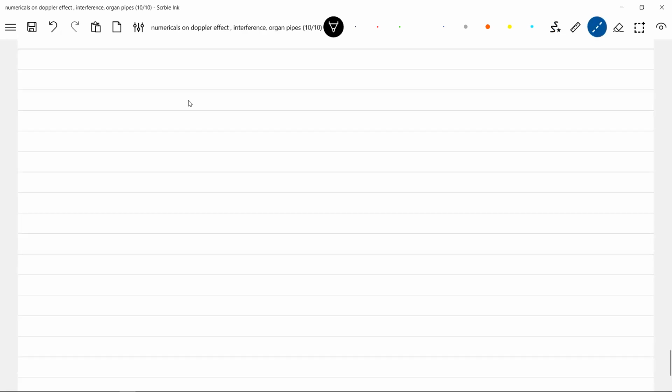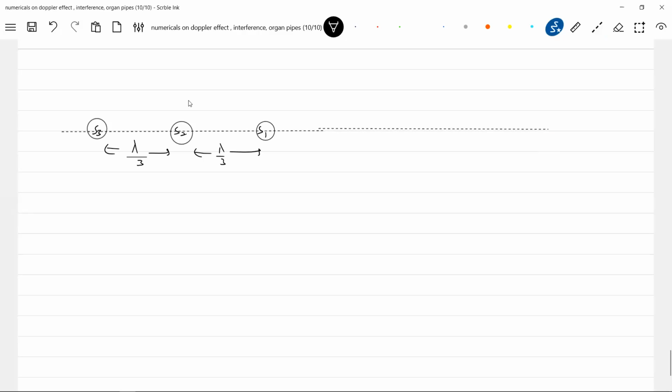Let me take one more question. So I do have 3 coherent sources, S3, S2, S1. They're separated by distance lambda by 3. And let me keep a detector far away where the distance x will be very much greater than lambda.